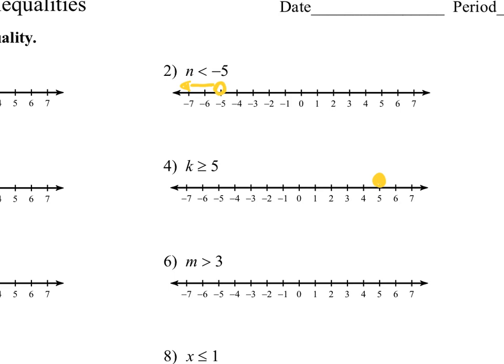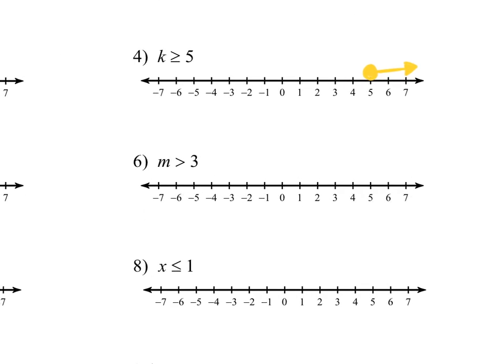Well, since k has to be bigger than 5, it needs everything to the right because those are where your bigger numbers are. All right, number 6, you're going to have a dot at 3, and it's going to stay open. Here, again, the inequality is saying m is bigger because the mouth is facing that where it would bite down. So you want everything to the right.